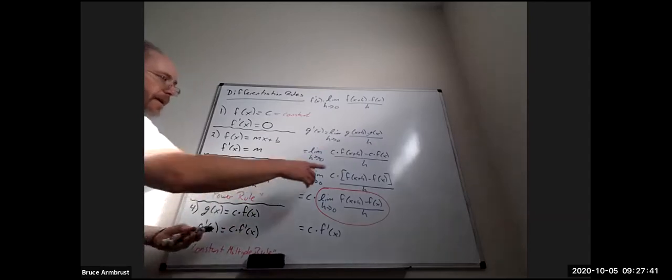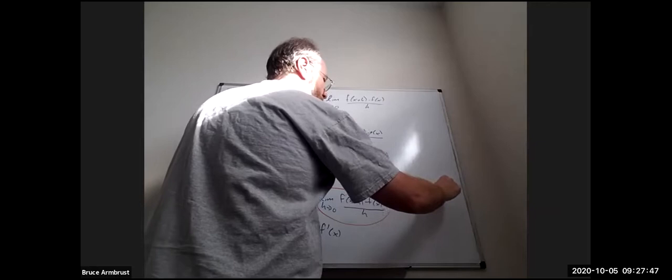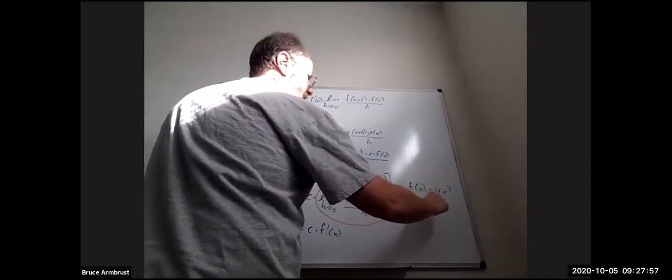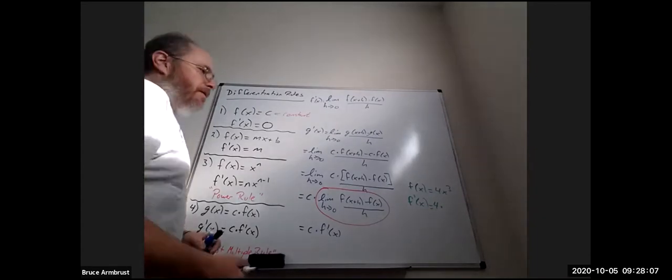All right, so let's run over here. Let's say we've got f of x equals 4x cubed. So we're going to differentiate that. That 4 is a constant multiple. It's just going to stay there. And then we need to differentiate x cubed. Well, x cubed, we know that that's a power rule.